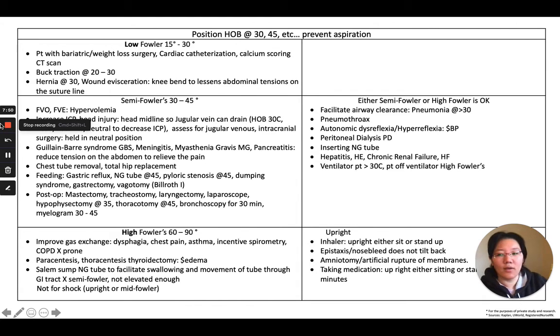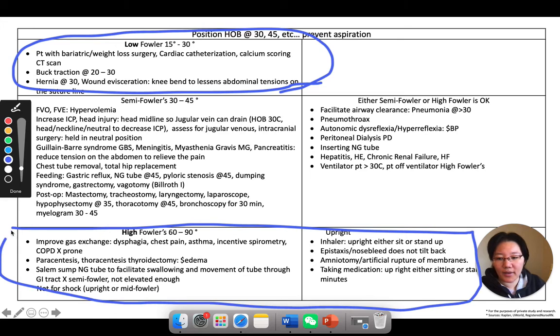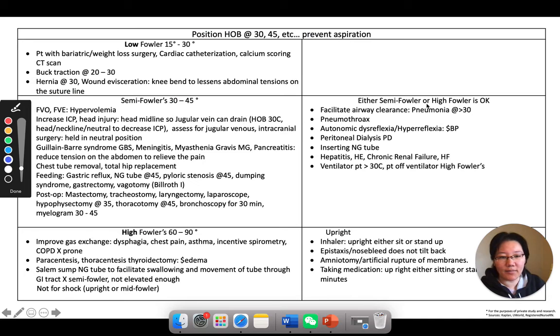For the following conditions, what I do is I just remember the low, high, and upright, and leave the semi-Fowler's, because if the condition doesn't apply to the low Fowler's, high Fowler's, or upright, it's going to be in these two sections. It looks quite complicated, but once you remember it this way, it's much easier.